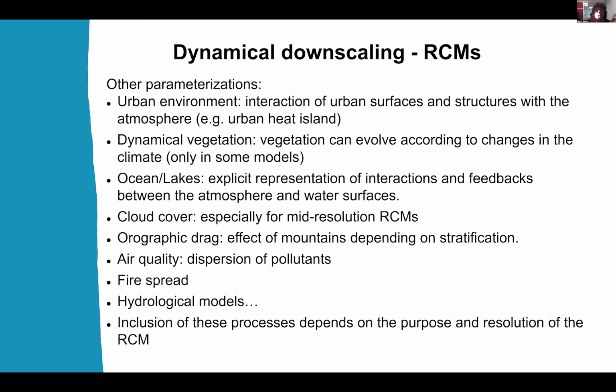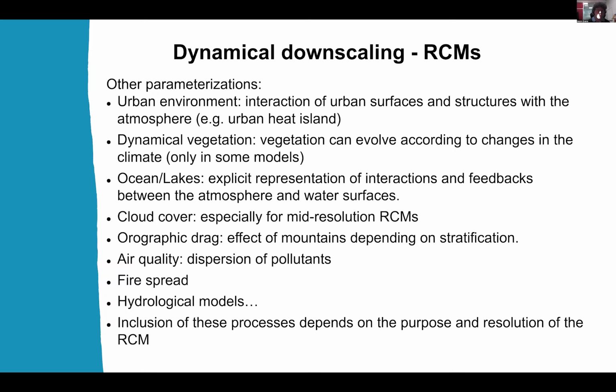I talked mostly about these 5 primary parameterizations, but there are lots of other parameterizations that can be included in the models. In regional models, because we're at high resolution, different types of parameterizations are often included, including urban parameterization, which has been pretty common and standard in regional models for a while. Things like dynamic vegetation and explicit lake parameterizations are often included, but also other specialized things.